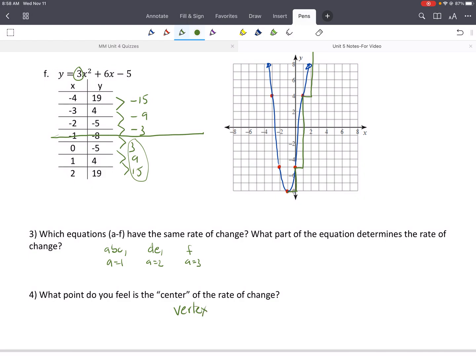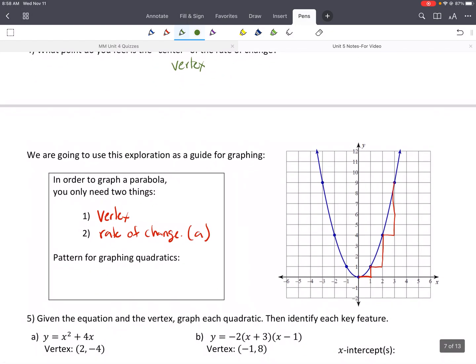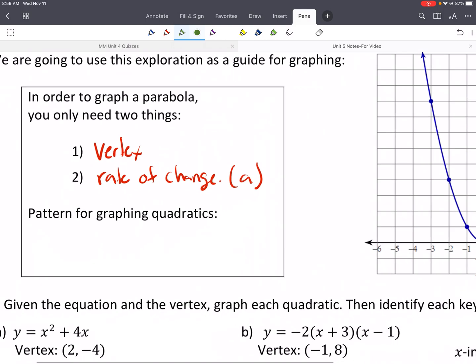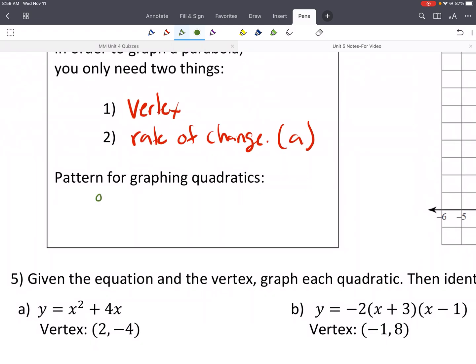Okay, so basically, in order to graph a parabola, you need two things. You need the vertex and you need the rate of change. And the rate of change is based on A. And the pattern that we've come up with is that we'll always go over 1, and then we will go up, or it can be down, depending on A. So we'll go up or down 1 times A. And then we'll do over 1, up or down 3A.